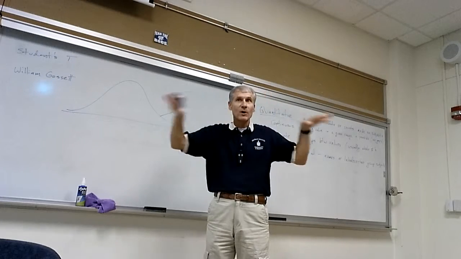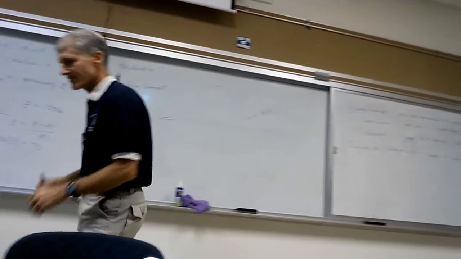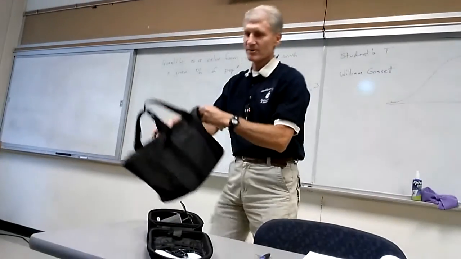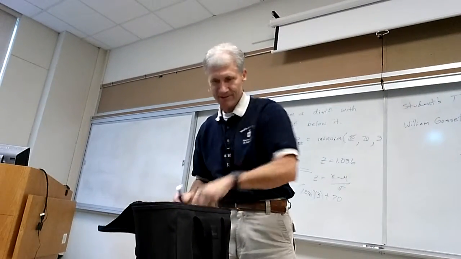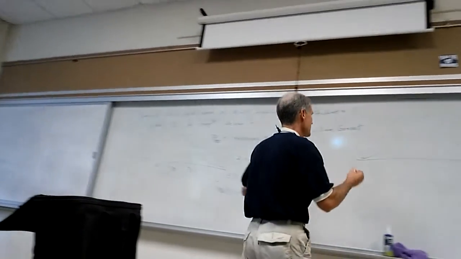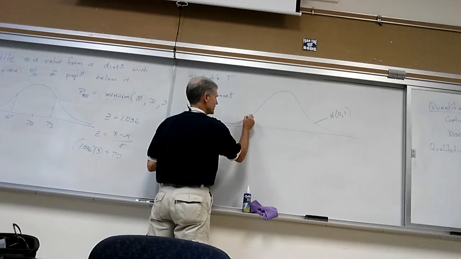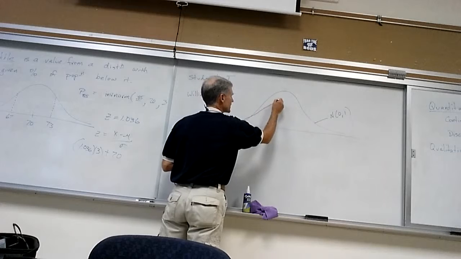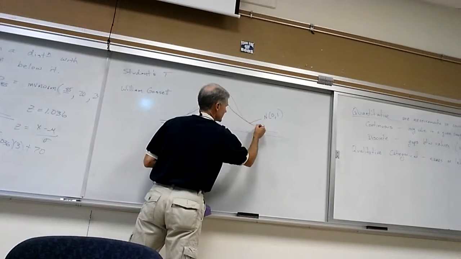It has to be a little wider. Right? So let me see if I've got a different color marker. We'll make this multimedia presentation. A T distribution will have a little more area out in the tails and then a little less area underneath. Now I'm making this way more extreme than it really is.